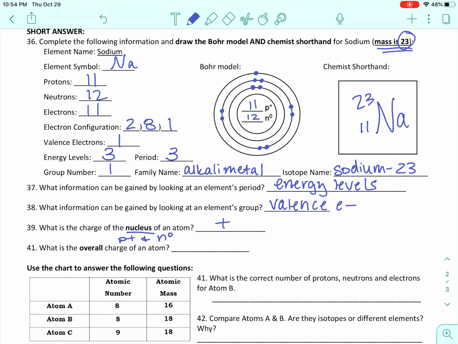But the overall charge of the atom, we've got protons, neutrons, and electrons. And remember, we've talked about how protons and electrons are going to be the same, so they're going to cancel each other out. And the neutrons don't have a charge, so we don't have to worry about them. So the overall charge of an atom is going to be neutral or 0.